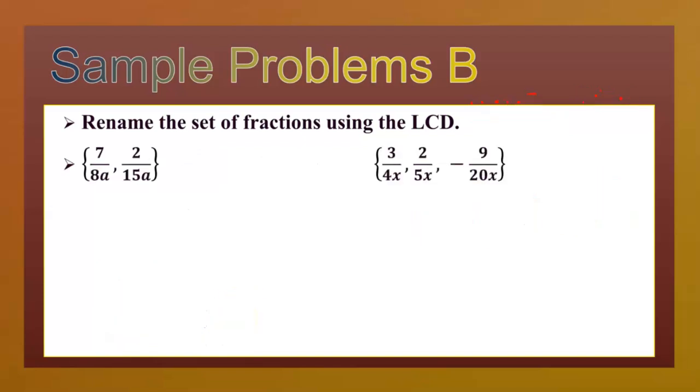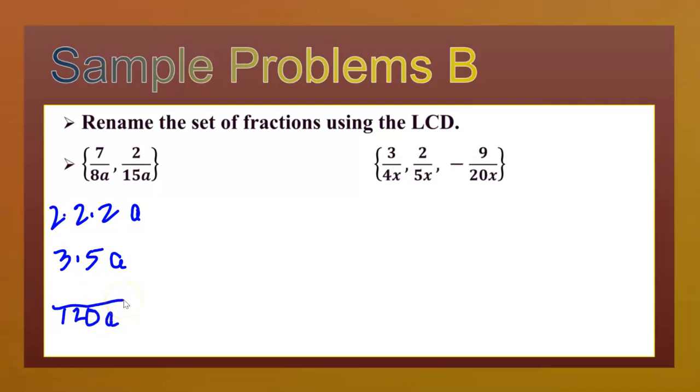And our last group, here we have some variables in the denominator. So here we got 2 times 2 times 2 times a. This one is 3 times 5 times a. So I have 8 times 5 is 40, and 40 times 3 is 120. And then I have an a.